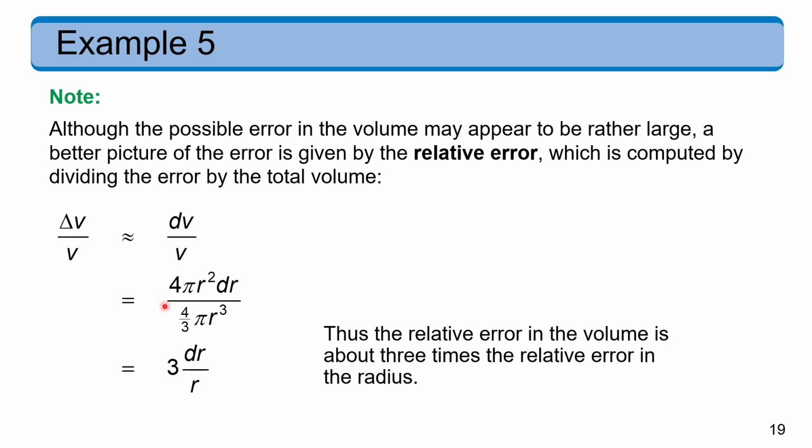After all that's canceled, we get 3 times dr over r. Now this dr over r is exactly the same idea of relative error, but for radius instead of volume. dv over v is the relative error for volume, so dr over r is the relative error for radius.